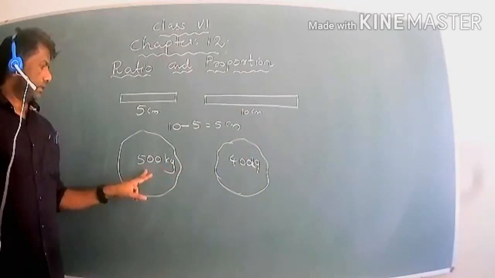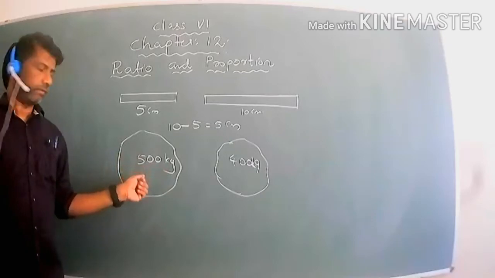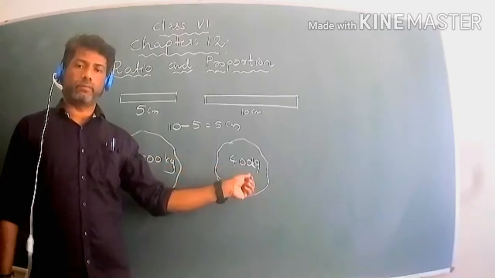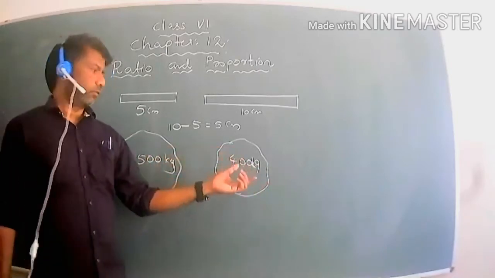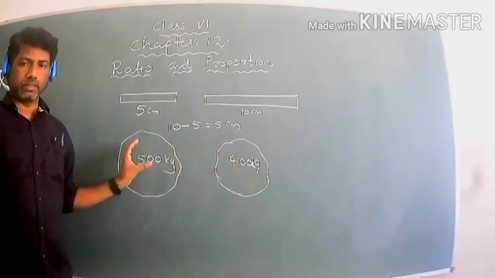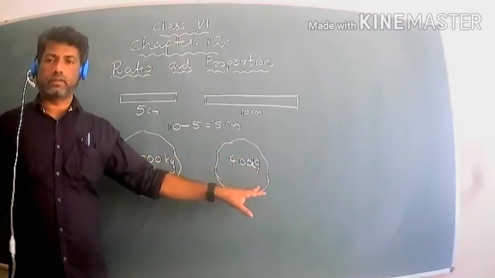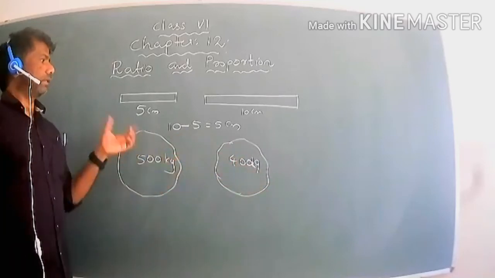Obviously, the first metal shown here has more weight, 500 kg, and the second one has 400 kg. So by subtracting 500 minus 400, the first one has 100 kg more weight than the second one. So like that, by subtracting here we can compare.